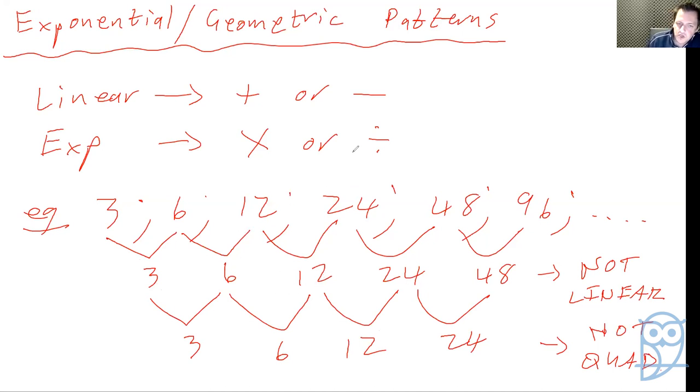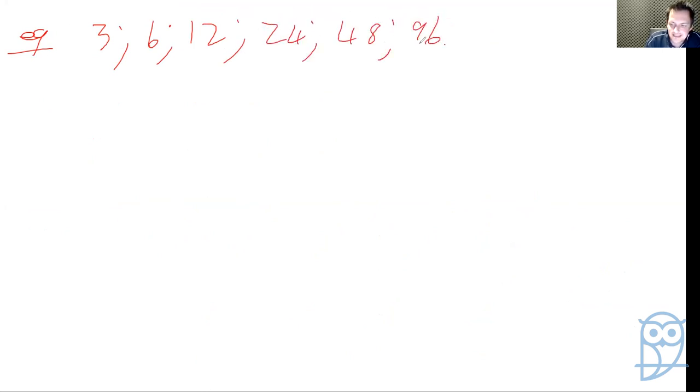Okay, so how do we then deal with exponential ones? So we've got our example, which was 3, 6, 12, 24, 48, 96. So we have our general form, that is a times r to the power of n minus 1.